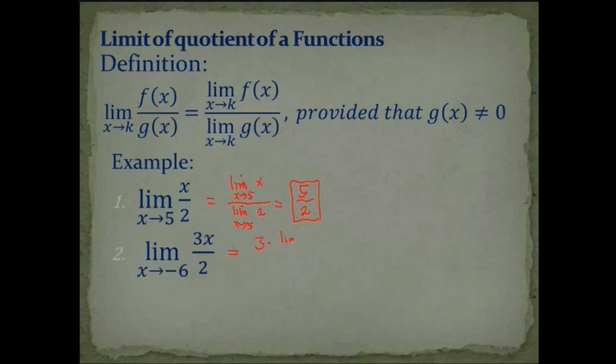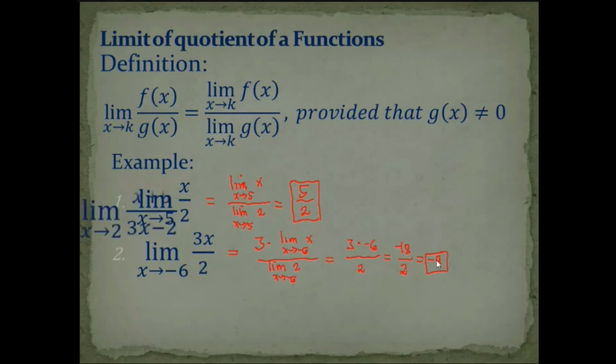Then, limit of x as x approaches negative 6 all over limit of 2 as x approaches negative 6. Ito yung magiging 3 times negative 6 all over 2. And then 3 times negative 6 is negative 18. And then copy yung 2. Negative 18 divided by 2 is negative 9.